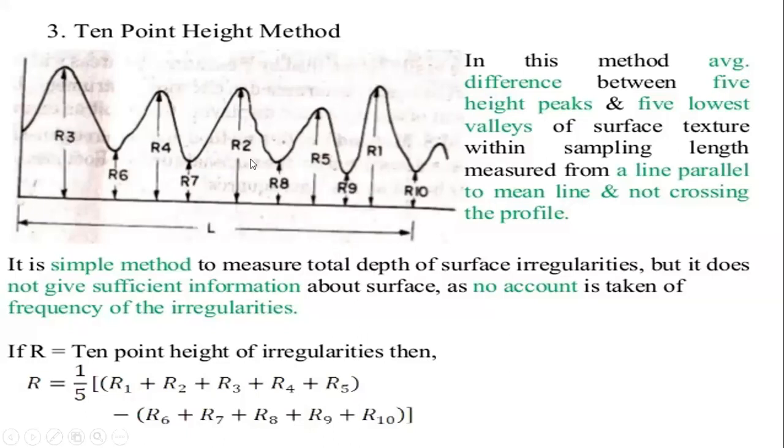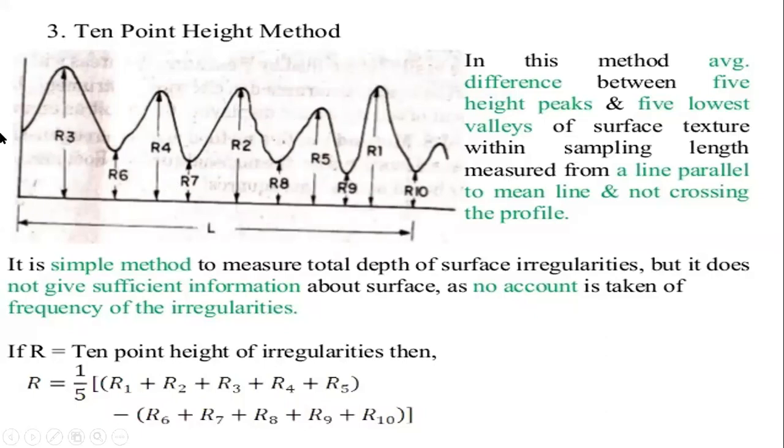These are different ordinates extending to 10 points, so 10 types of irregularities have been taken. Of these, 5 are in the peak stage, that is the highest points, and the other 5 are in the valley section, that is the lowest points.